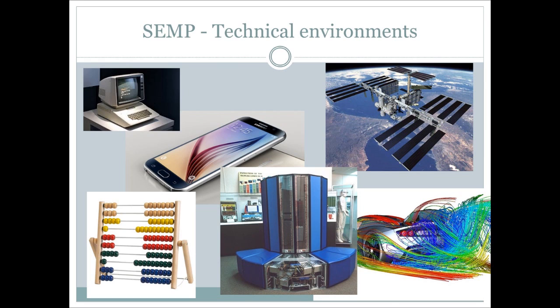In a nutshell, you're going to have to understand how your technological environment grows and changes with time. Whether you're operating on the International Space Station or making an app for a cell phone, as the environment changes, your business and management approach is going to have to adapt to those technological changes.